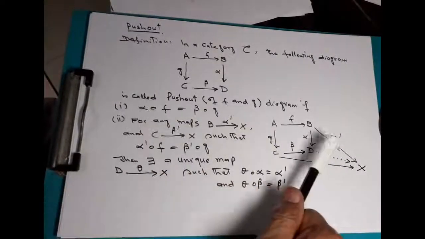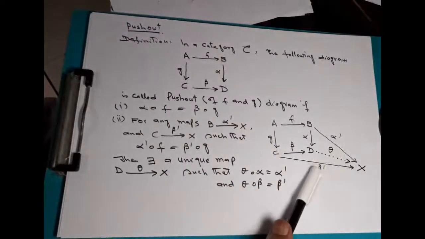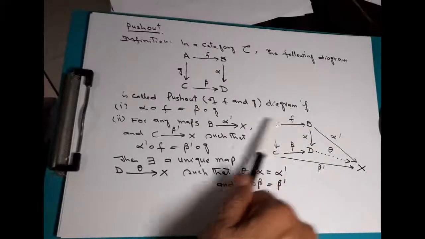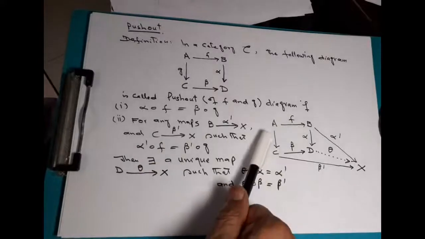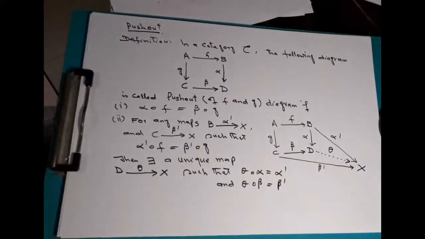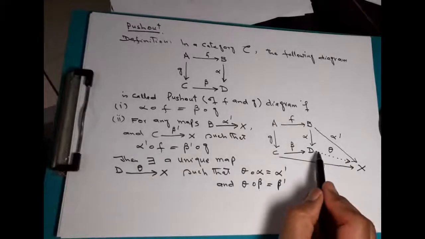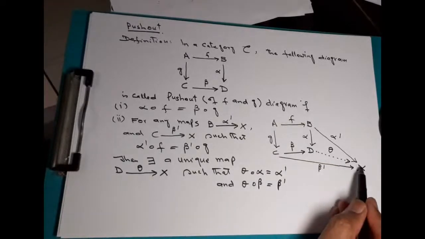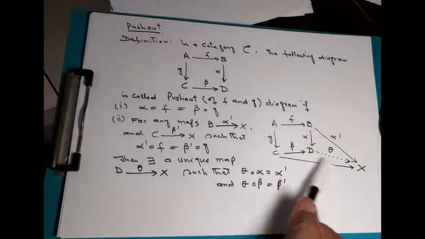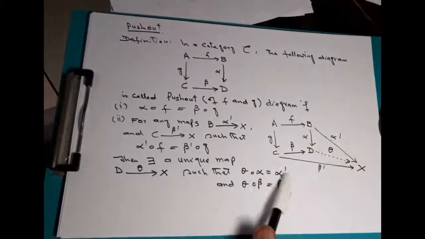That is, if these maps are alpha dash and beta dash, then alpha dash composed with F is equal to beta dash composed with G. If this happens, then there is a unique map from D to X for which this part is commutative and this part is commutative.